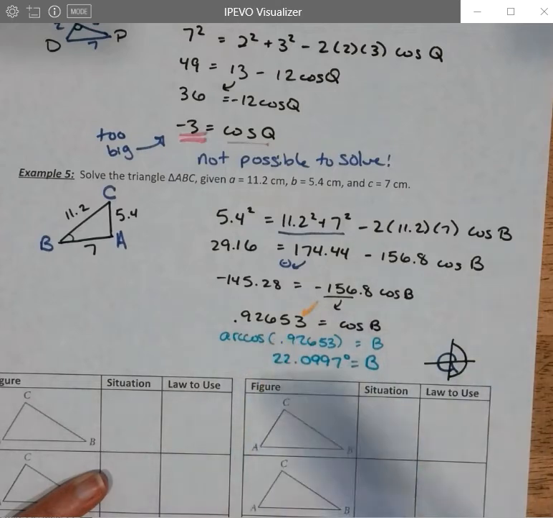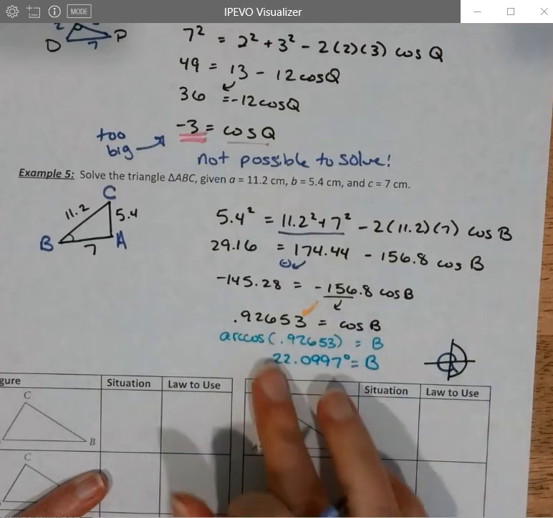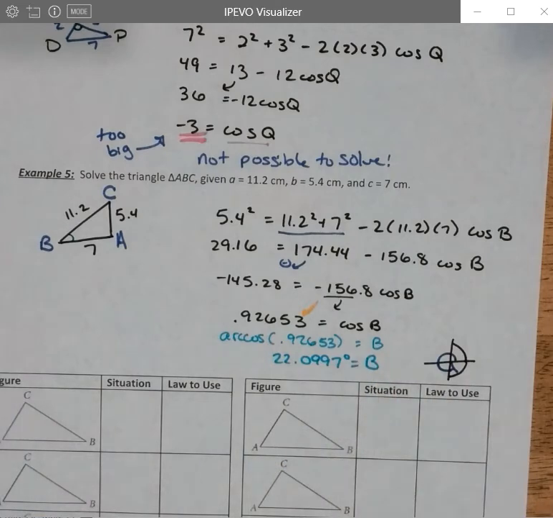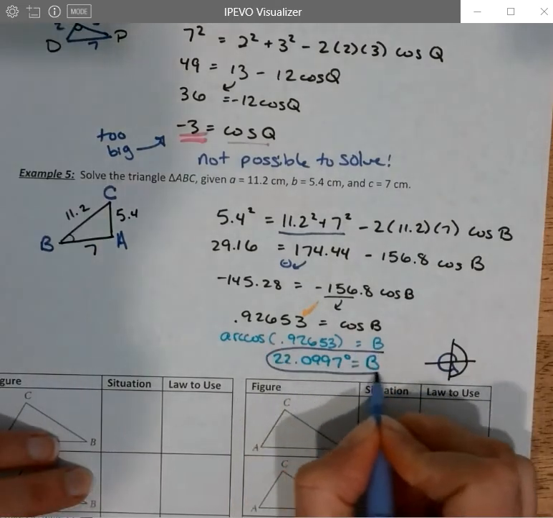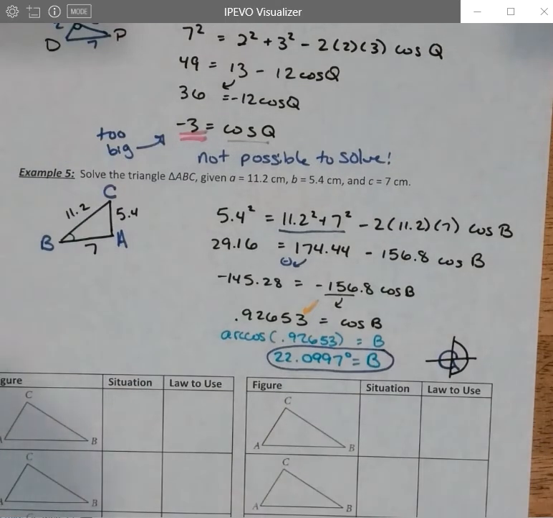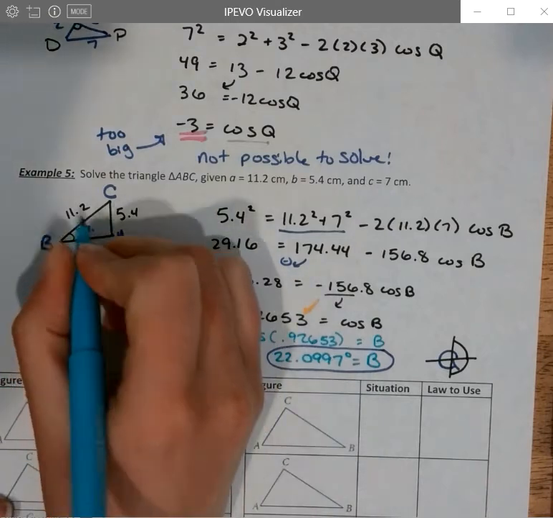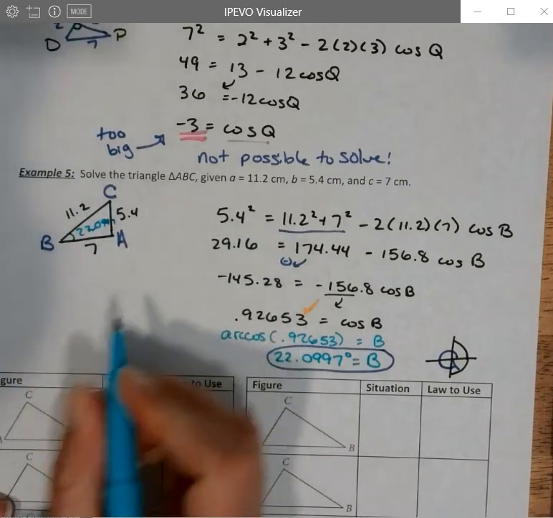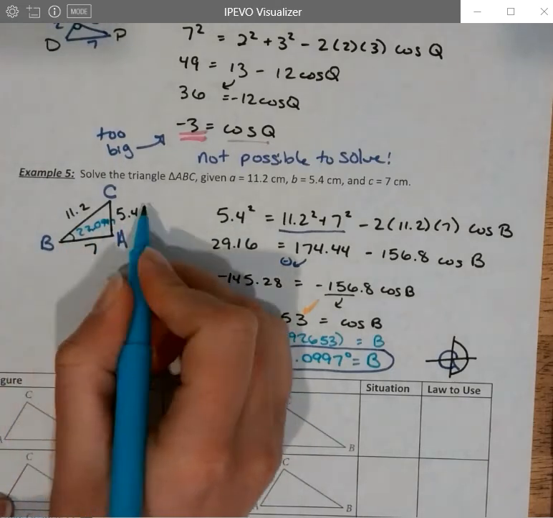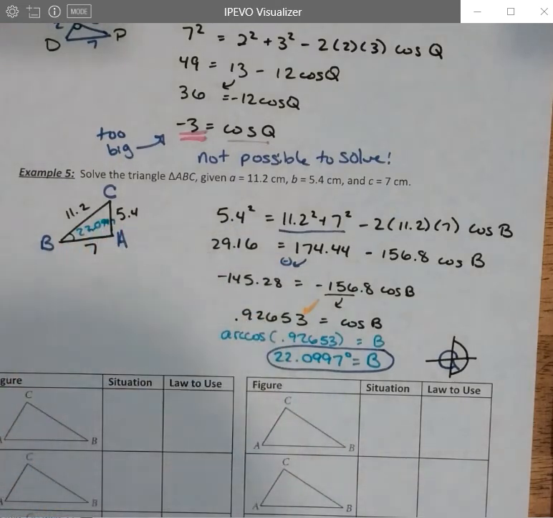So we only have one choice that comes out of our law of cosines, the 22 degrees. Okay, so I know that that's B now. I have my B value at 22.0997 degrees. The other possibility is not actually possible. And so now if I fill that in over here, I have that pair, so I can use the law of sines to find one of my other angles.